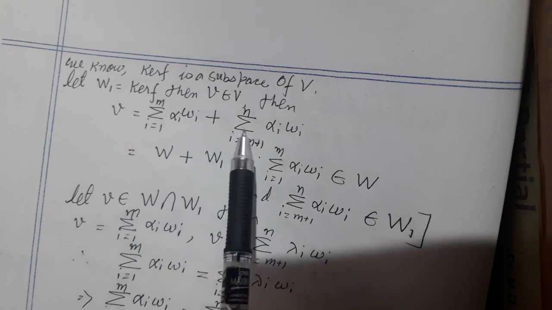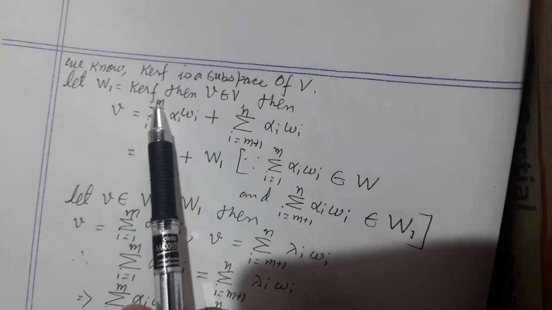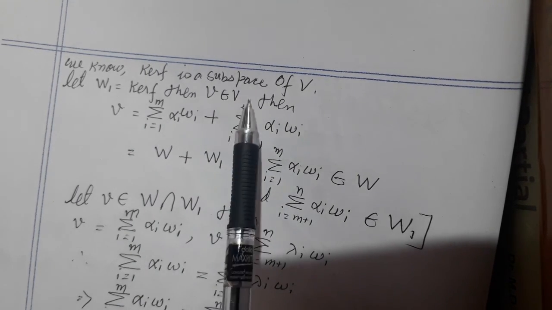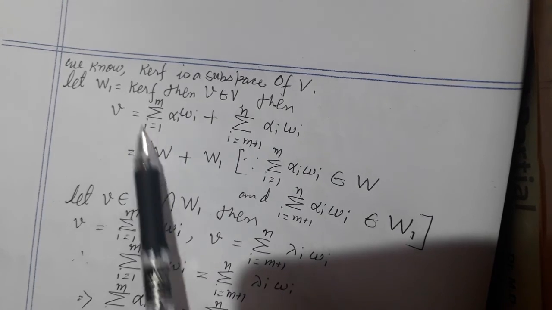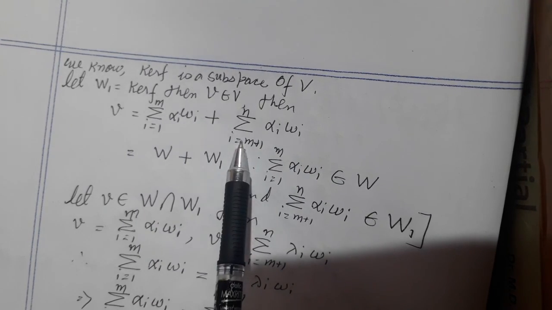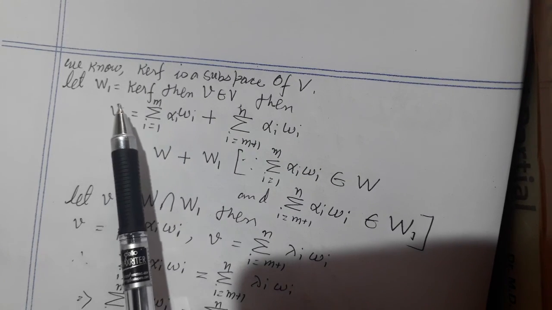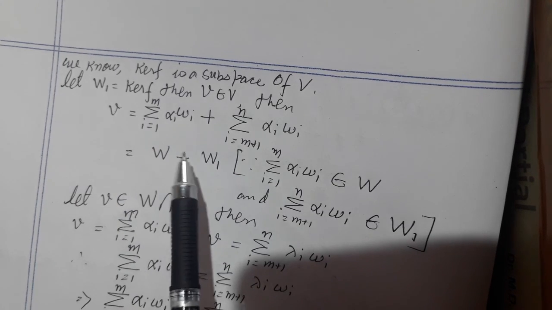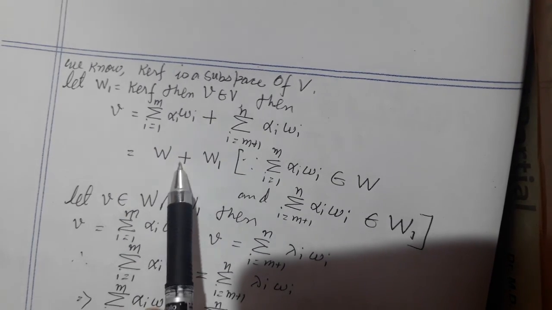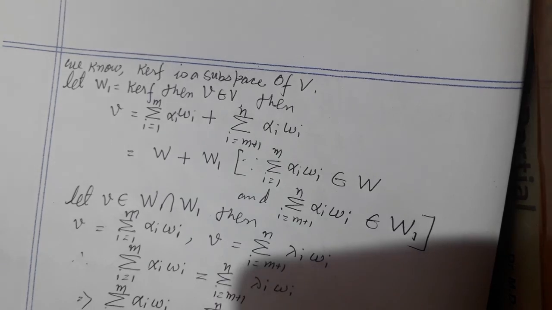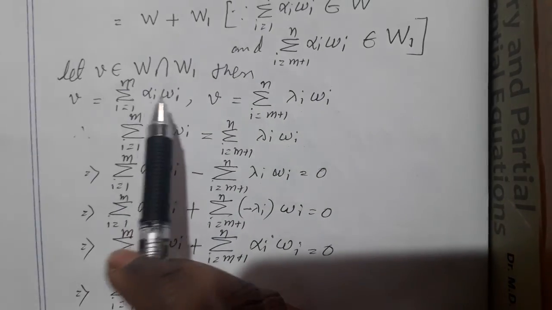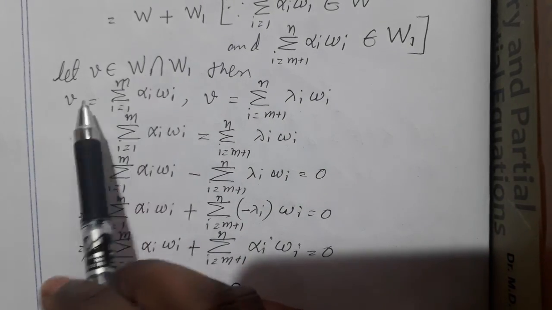So I can separate this into two: from i equal to 1 to m, then from m plus 1 till n. So this is an element in W and this is an element in W1. So any element in V can be written as an element in W plus an element in W1.